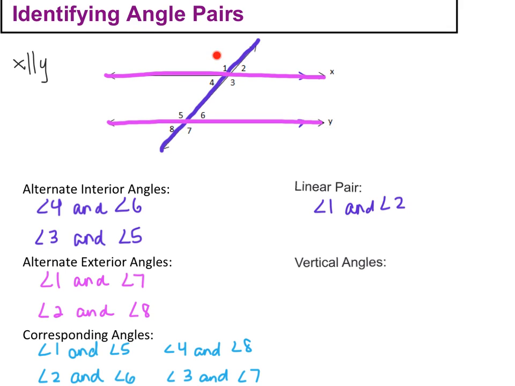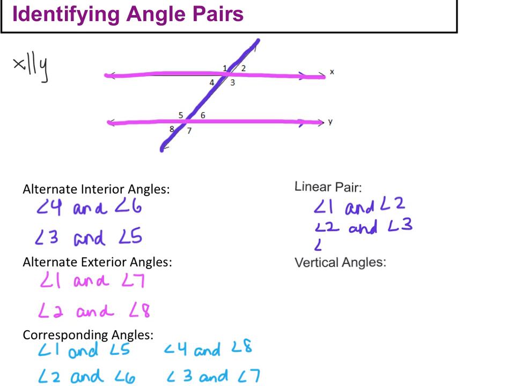You can see that they are side by side, and those are along the straight line, so those are going to be supplementary. Also, you can kind of work your way around this group of angles. 1 and 2 are supplementary, 2 and 3. So angle 2 and angle 3 are supplementary in a linear pair.